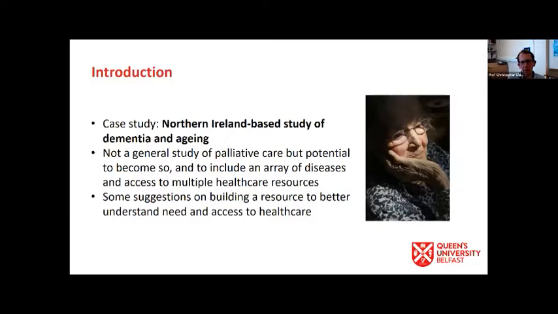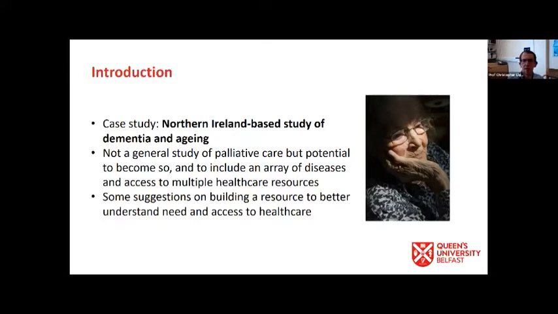So the case study that I'm going to use to try to talk through some of these points, I'm hoping the case study itself will be of interest, but also, as I've said, it will open up a number of issues that we might want to consider going forward. So it's Northern Ireland based, it's funded by a Northern Ireland body, and for a variety of reasons it focuses particularly on Northern Ireland, not the whole of the island of Ireland. But I will say a little bit later on about the potential to extend some of this work, given that poor health doesn't stop at the border, or access to resources or need doesn't necessarily stop at the border.